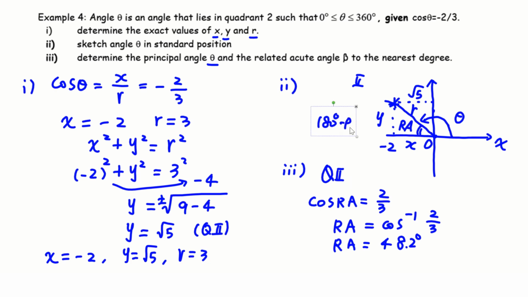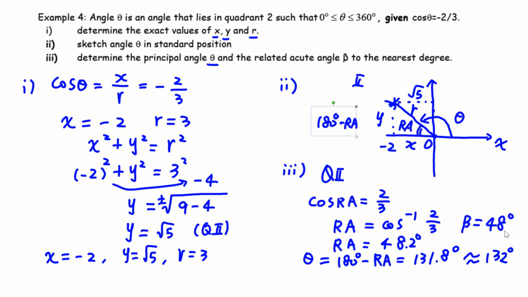So in the second quadrant, you will see it is 180 take away RA. So this works all the time. In second quadrant, the angle is 180 minus RA. You will have 131.8 degrees. And to the nearest degree is 132 degrees. And the beta, the acute angle, is 48 degrees. Then it's done for this question.